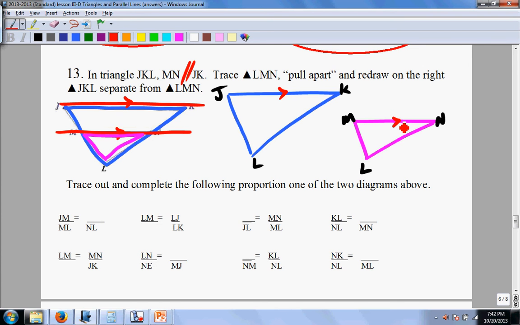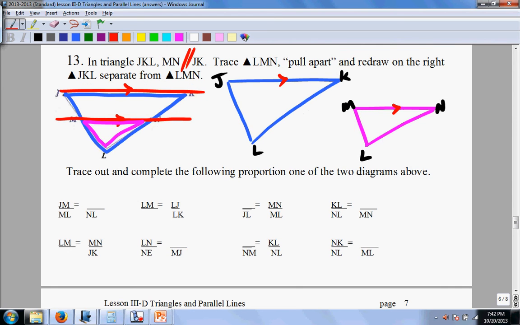Now you want to work through these proportions by tracing very carefully and very slowly. Sometimes you're going to use the left side, sometimes the right side, depending on the given information. It's a wise idea to try both. For example, let's try JM and ML. If I go to the right, I try to trace JM, there is no JM. So I can't use the right.